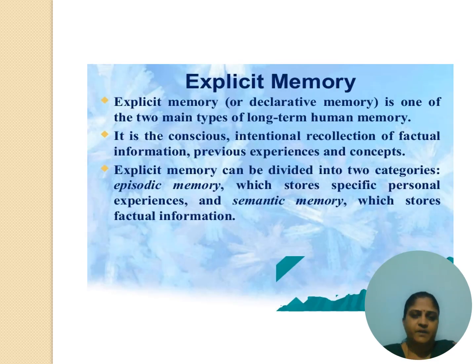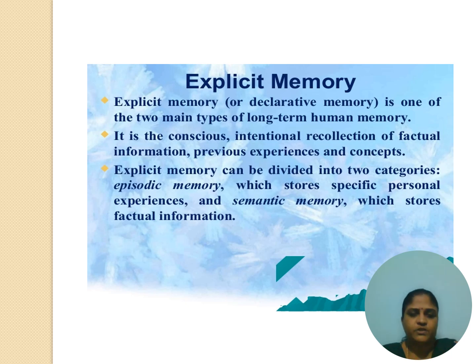So what is explicit memory? It is a declarative memory, one of the main types of memory in long-term human memory. It is a conscious, intentional recollection of factual information. It is a fact, that is, nobody can alter it or change it, like date of birth. If my date of birth is this, then nobody can change it. If the date of birth of my father is this, that is the same.